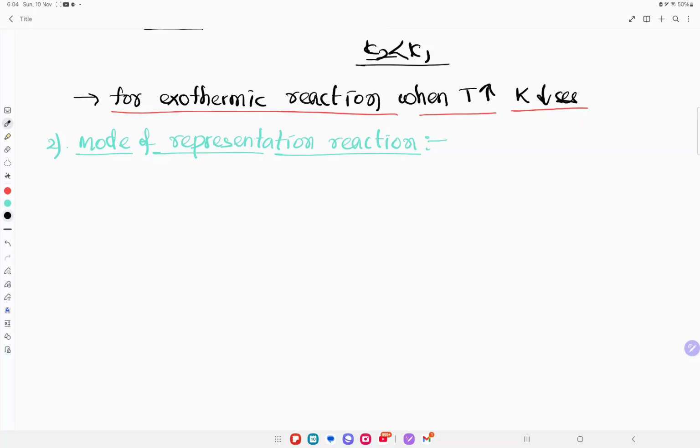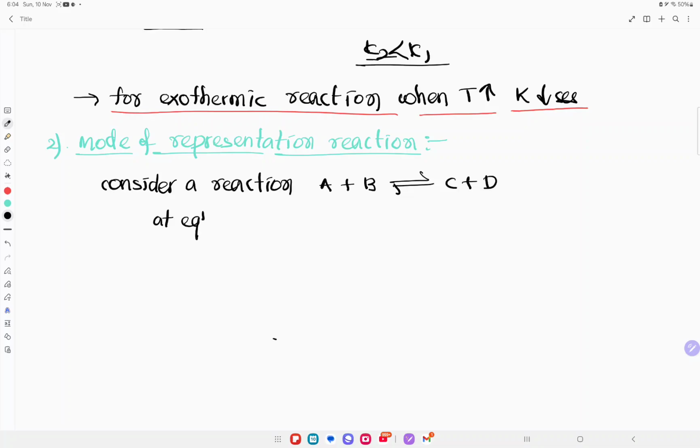So consider a reaction: A plus B are reactants. They give C and D. It is a reversible reaction and present at equilibrium state. What is the equilibrium constant for this reaction? Equilibrium constant is the product of molar concentrations of products by the product of molar concentrations of reactants.